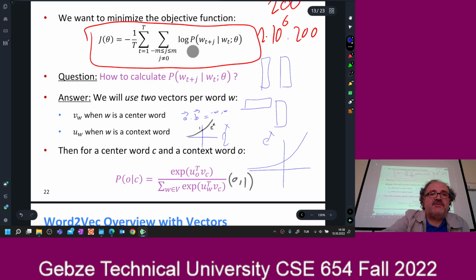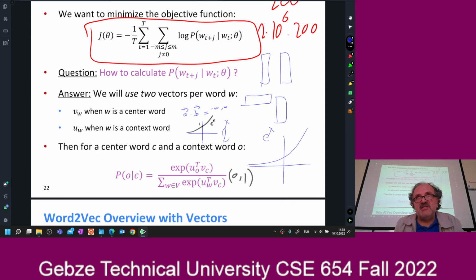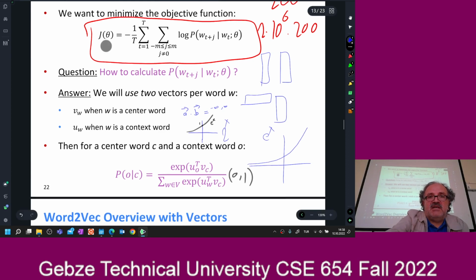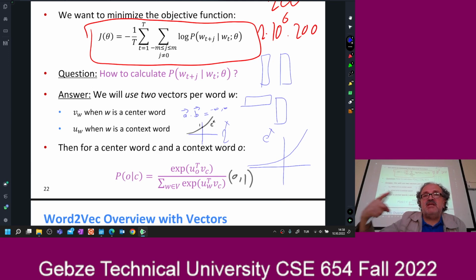Take the derivative of this function with respect to what? These parameters. Okay, 400 million parameters. And try to move it to a better place that produces smaller numbers. Then do it again and again until you say that I cannot move any place better than that. I have to stop at this point.